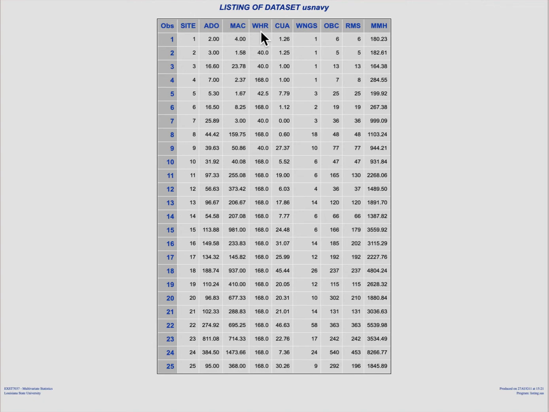WHR is the number of hours per week the service desk is in operation. CUA is the total common use area in square feet. WNGS is the number of building wings. OBC is the operational berthing capacity. RMS is the total number of rooms. And MMH is the monthly man hours required.